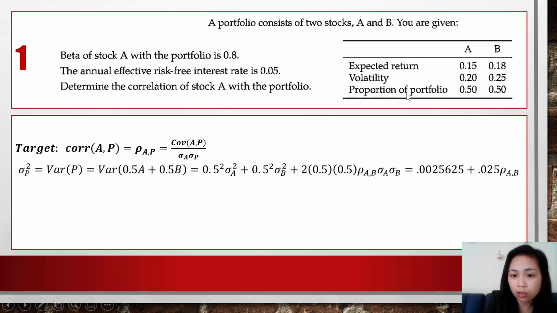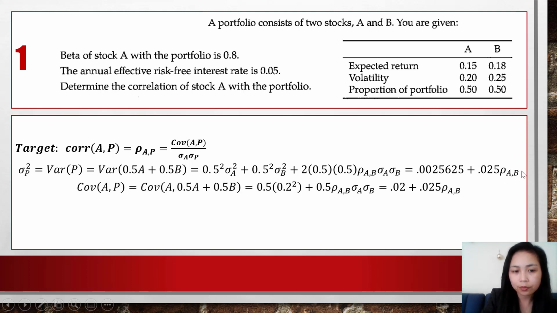And just substitute the numbers in. We got, let's say, 0.0025625 plus 0.025 rho AB. So this is one equation. And rho AB is not given, so we leave it there.